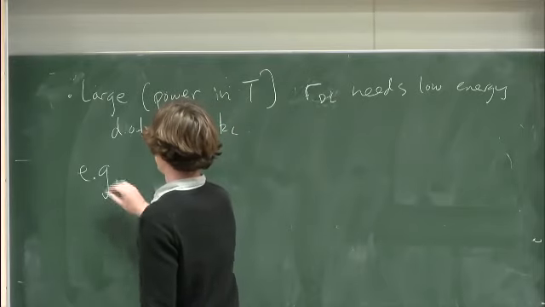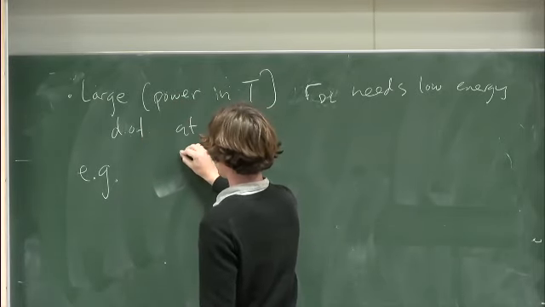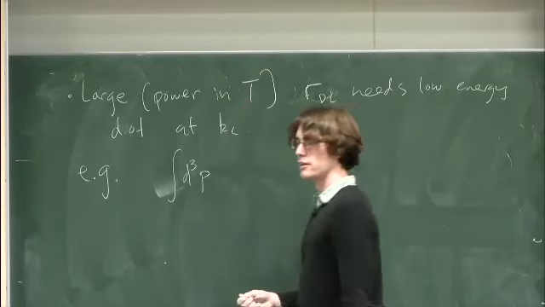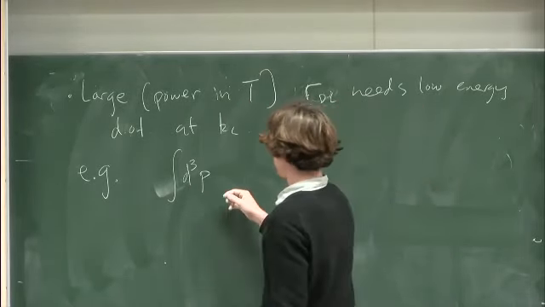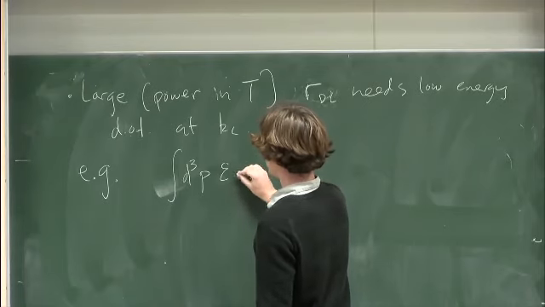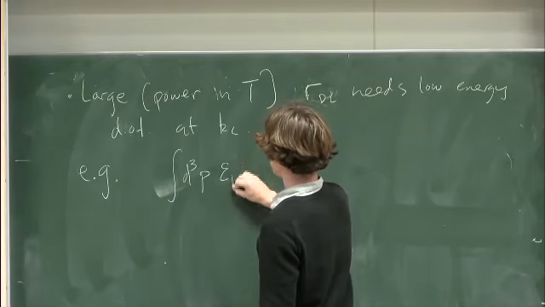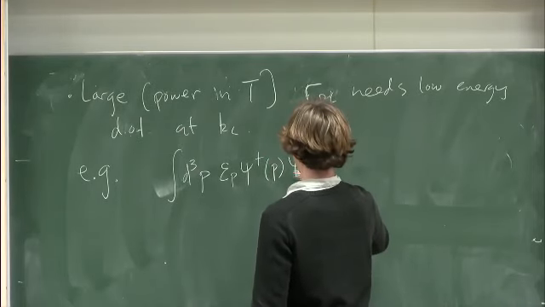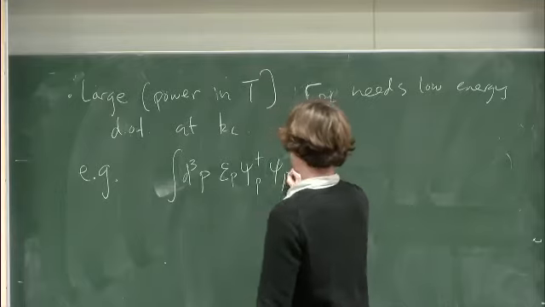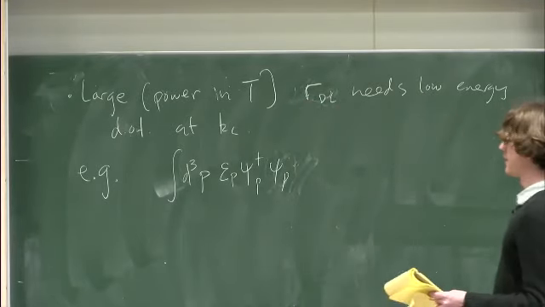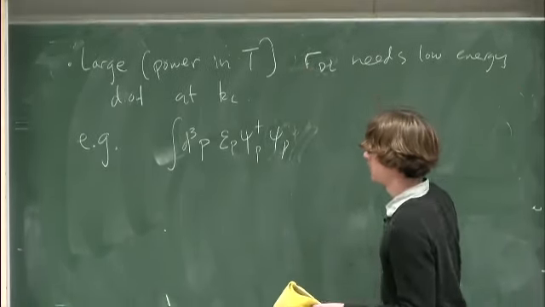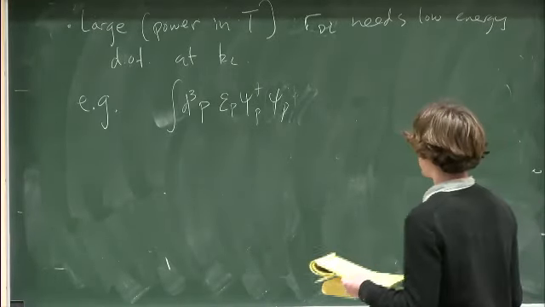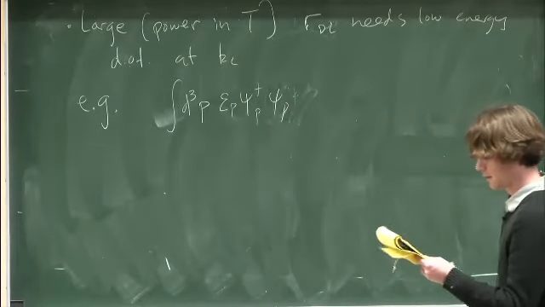To be specific, the action is something like, in momentum space, two momenta and an energy, some dispersion relation E of P, psi dagger P psi, with P's and minus P's in the right places. So that's a free fermion.